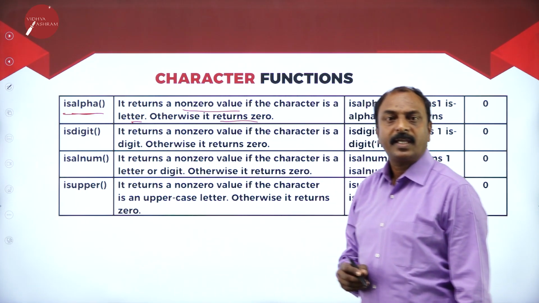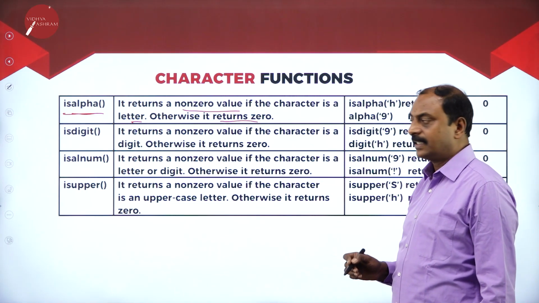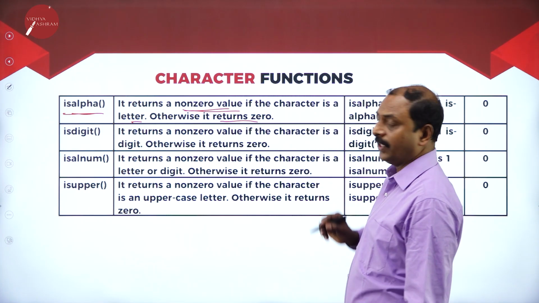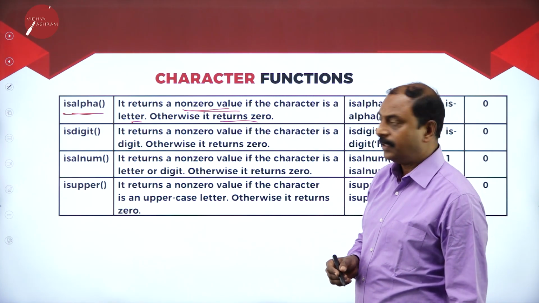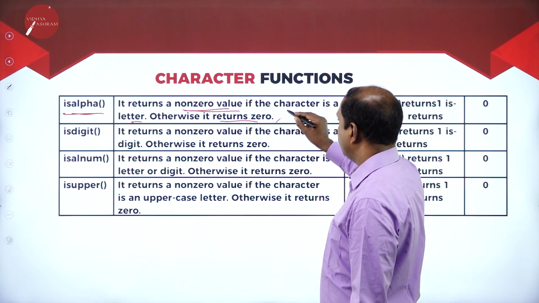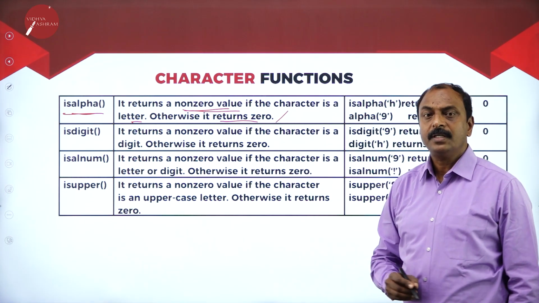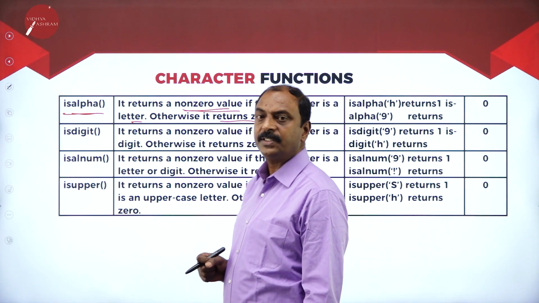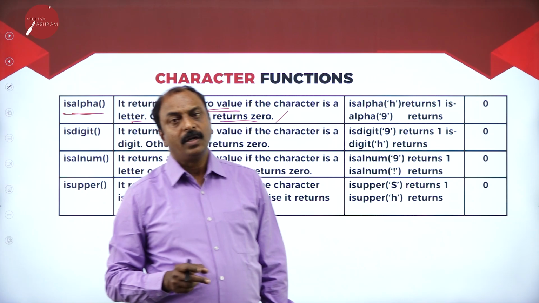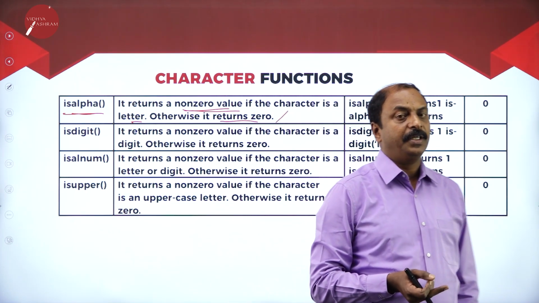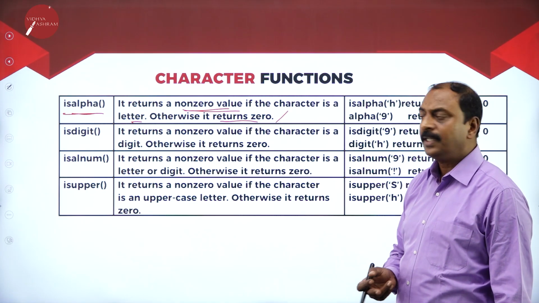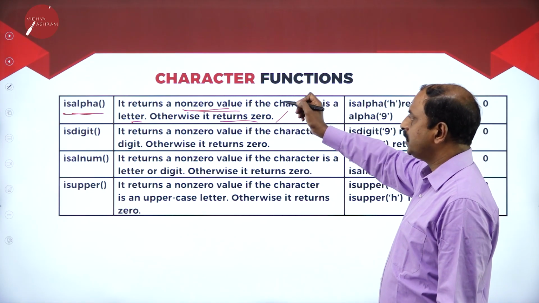If the given character is an alphabet, it returns a non-zero value, meaning any positive number. Otherwise it returns 0. All the character functions result in either true or false. If it is true, it returns a positive value or 1, and if it is false, it returns 0. That is the meaning of the statement here.